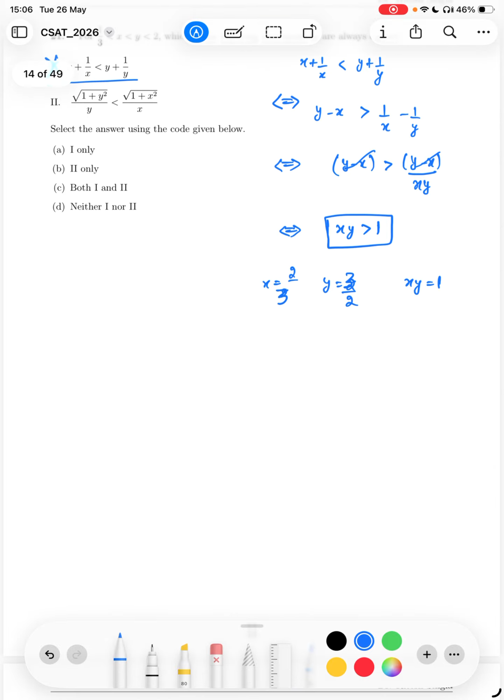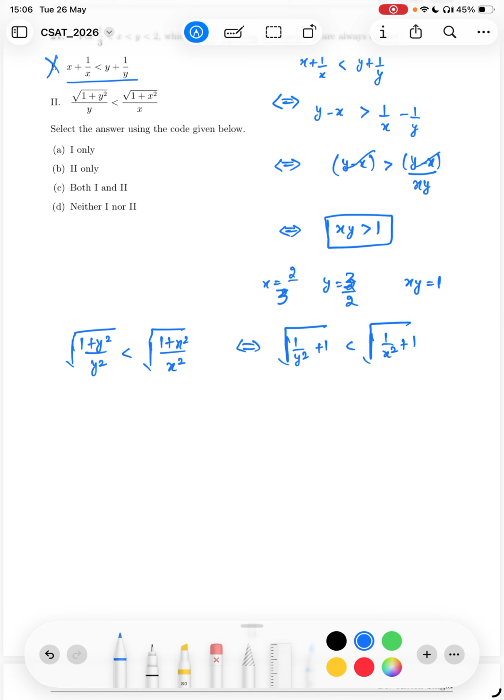Similarly, let us see the second equation. What does it mean? 1 plus y square upon y square is less than 1 plus x square upon x square. I have just taken the x inside the square root, so it becomes x square. Is it equivalent to saying root of 1 upon y square plus 1 is less than root of 1 upon x square plus 1?